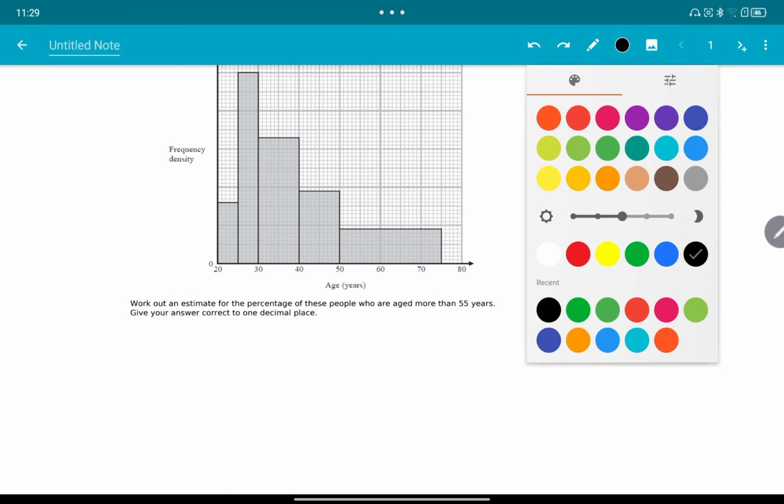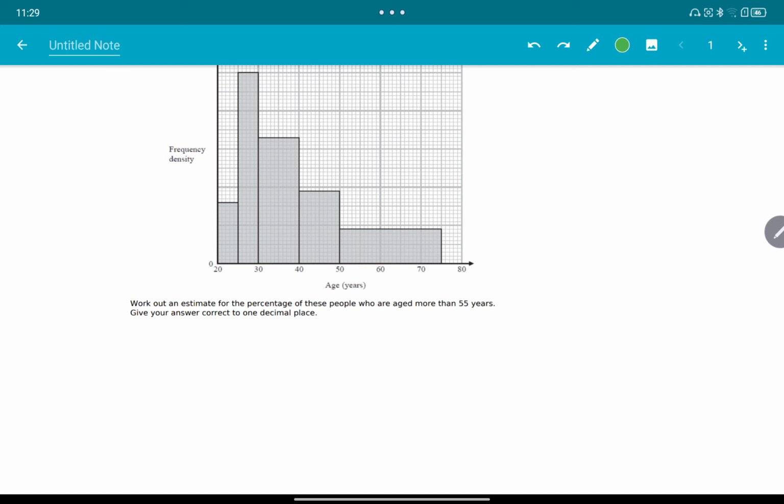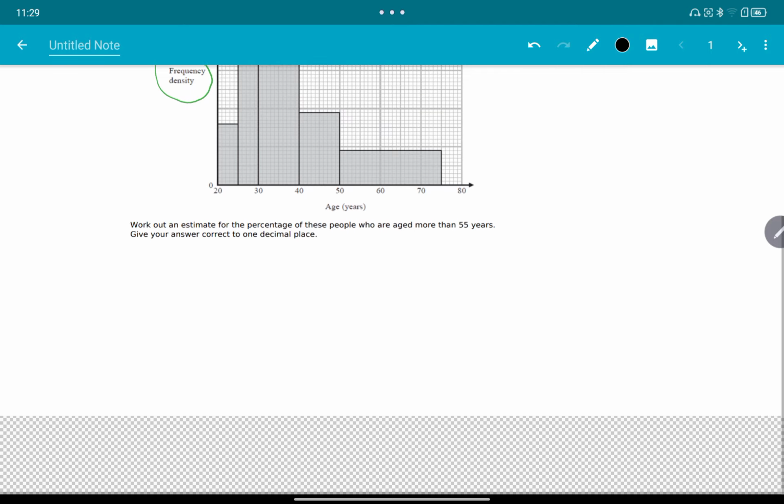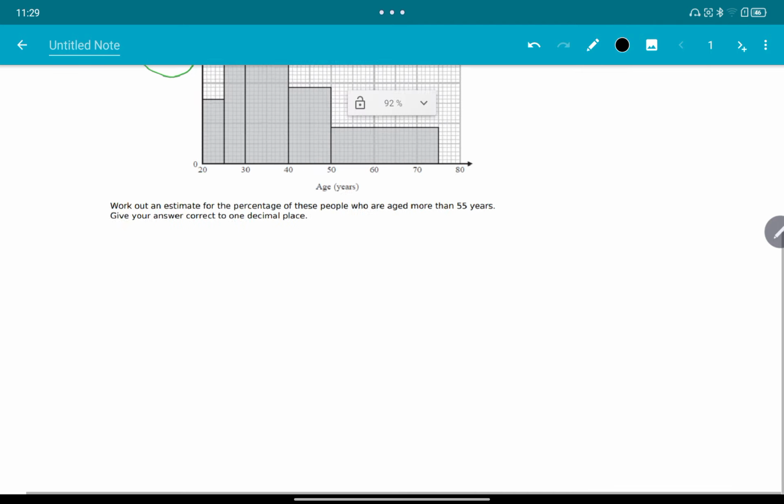Okay, and the histogram, I know it might look a little bit similar to a bar chart, but there's some difference. For example, with the bar chart, when drawing it, you use frequency on the y-axis, but for the histogram, we use frequency density, and that is where we start. How do we get frequency density?